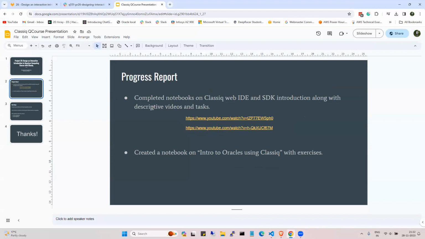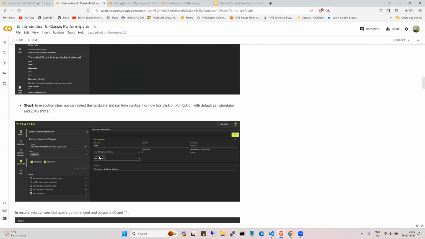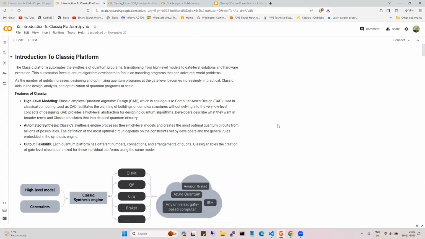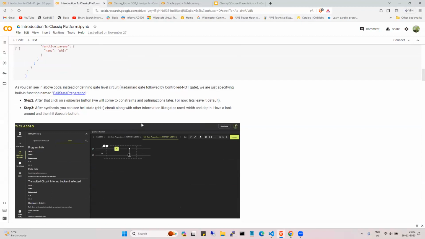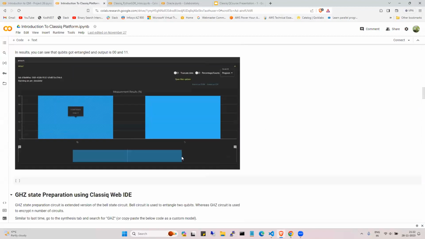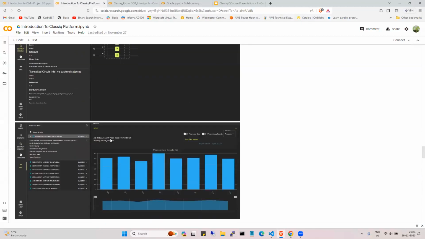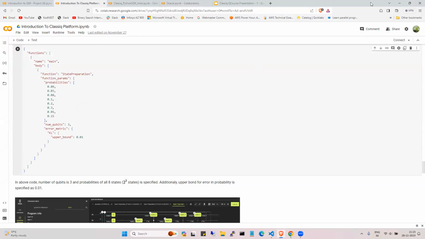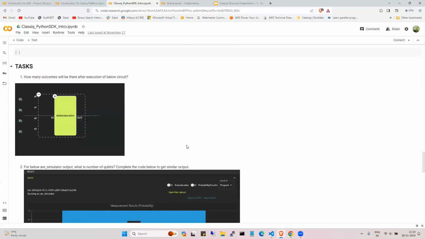Yeah. Okay. So in the last 2 weeks, we worked on, in the last presentation we only presented an introduction to the web IDE and SDK of Classic, but there was barely any example. Furthermore, we added GHZ state, uniform distribution and other state preparation in both the Classic web IDE and Classic SDK notebook.